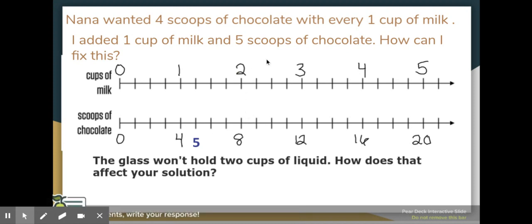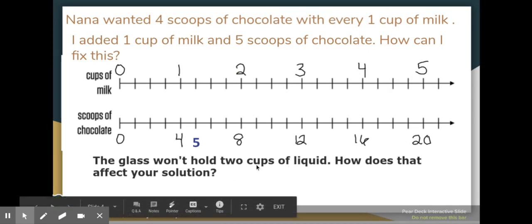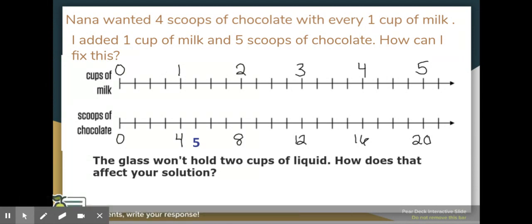So some of you said, well, he can just double his recipe. If you need 1 cup of milk with 4 scoops of chocolate and you double that, then 2 cups of milk will give us 8 scoops of chocolate. And that did seem like a good solution. There were a lot of different solutions. However, in that video, that cup was almost filled up to the top with just that 1 cup of milk.